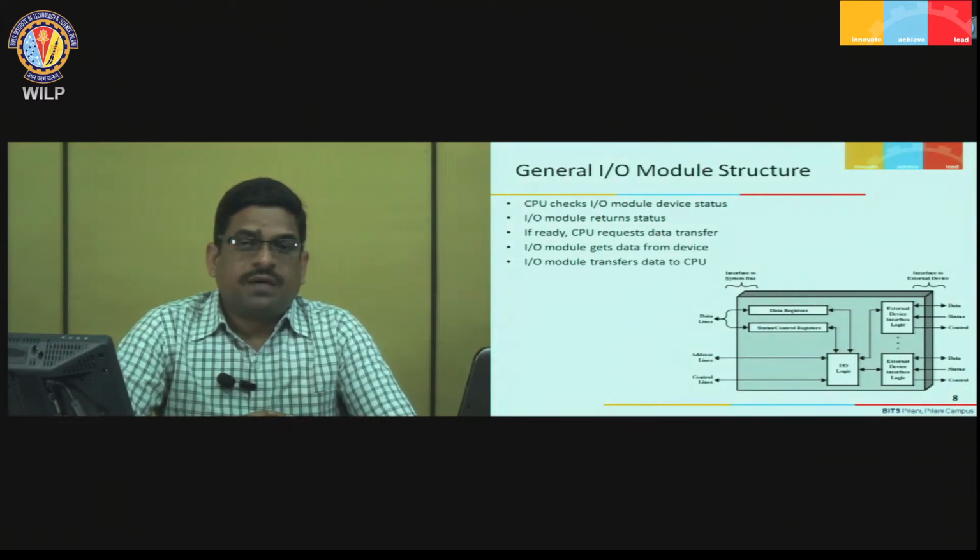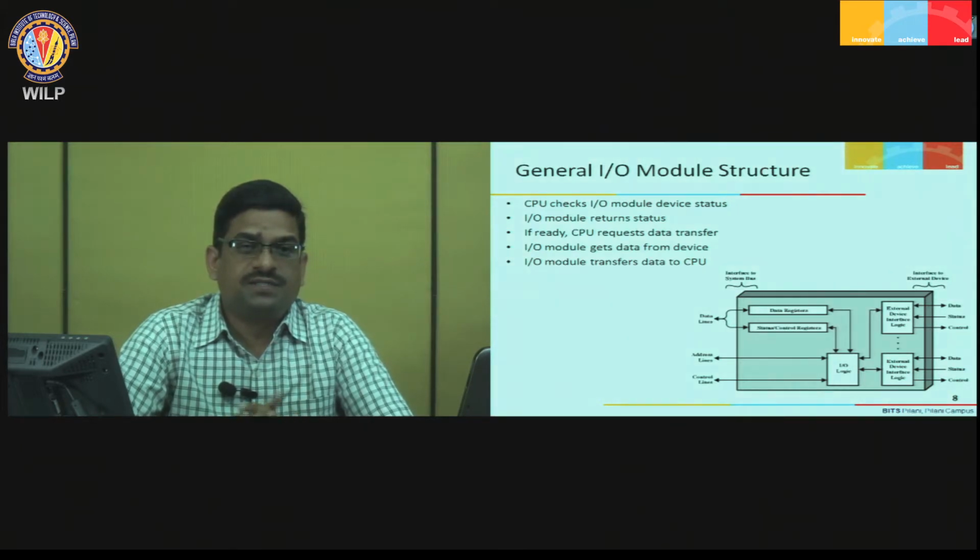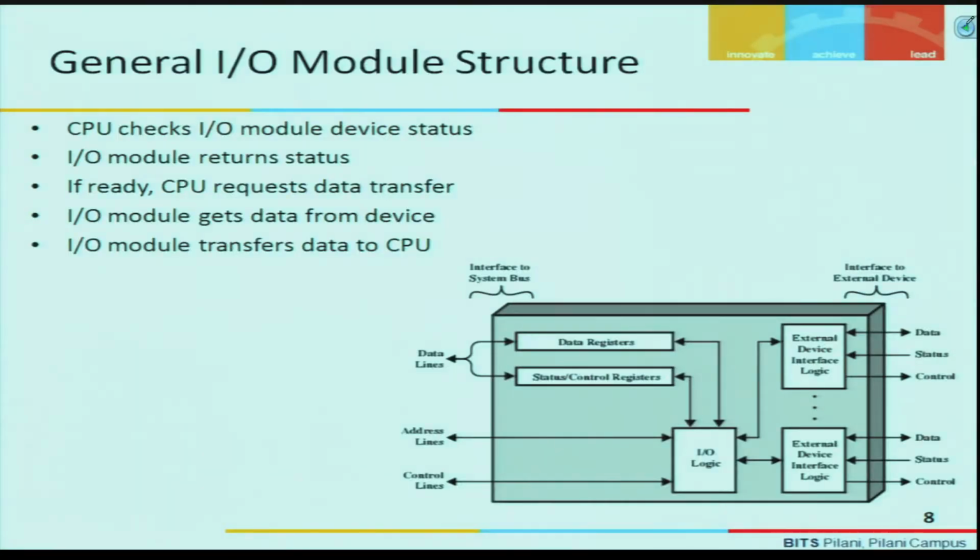So now look at what is the general I/O module structure. What is inside this interface circuit, or what is inside this module actually. In this module you can see, first of all, it has the interface to the system bus. Through that it connects to the system bus and then to the processor and the memory, and one interface is for the external device, the device which is supported by this particular module, maybe one or more than one.